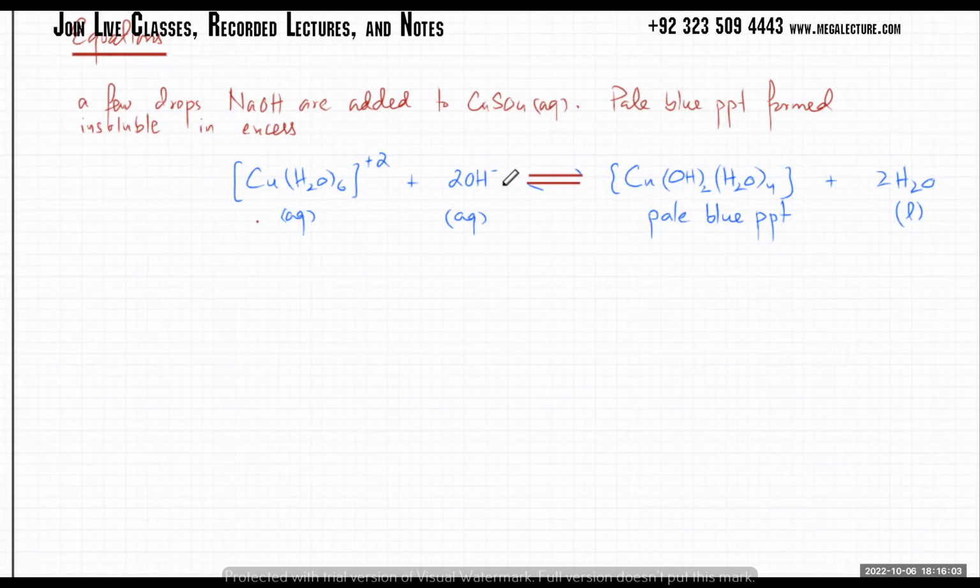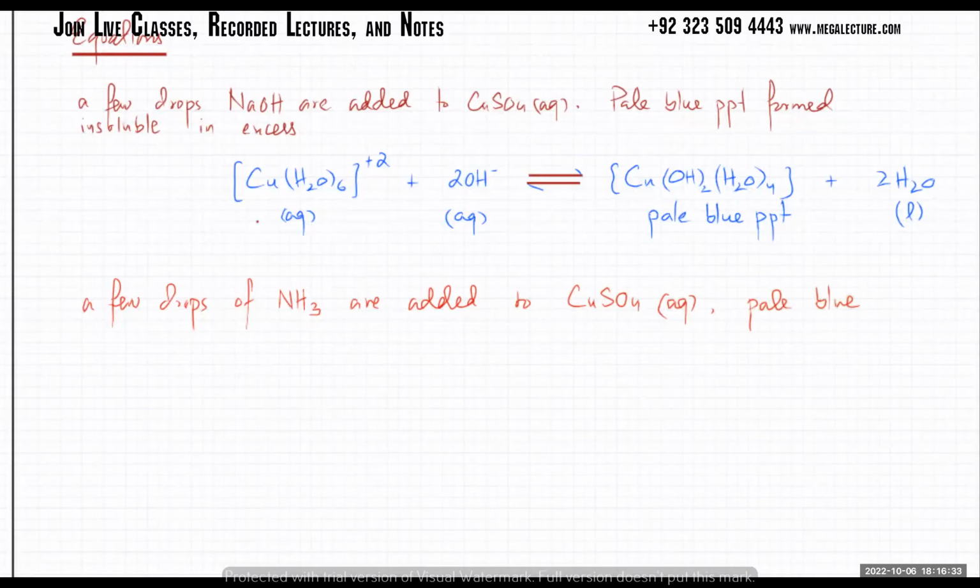So the next part is a few drops of ammonia are added. So a few drops of NH3 are being added to copper sulfate aqueous. Now, again, you get a pale blue precipitate.